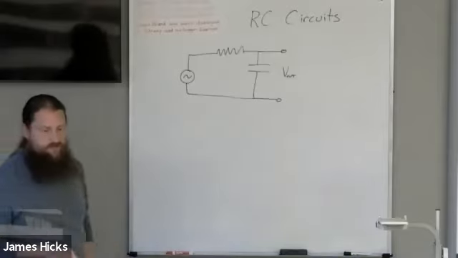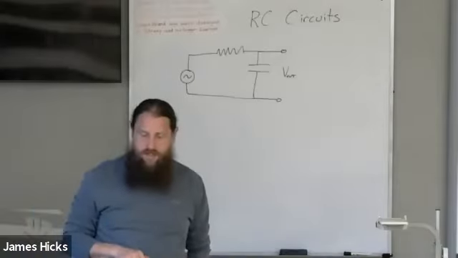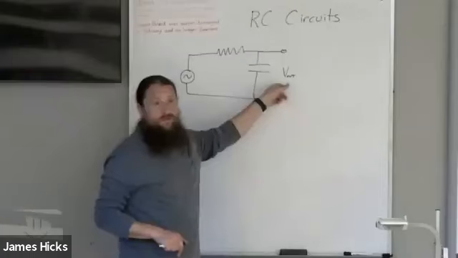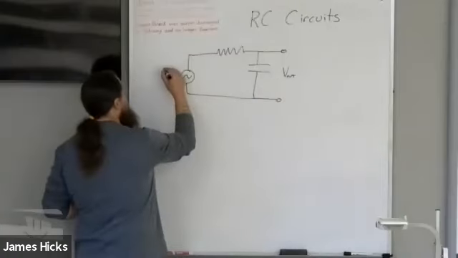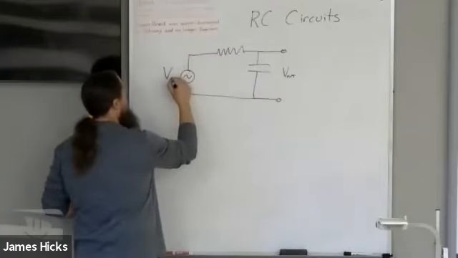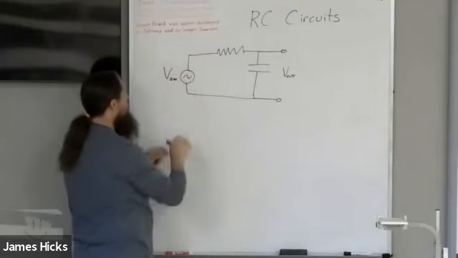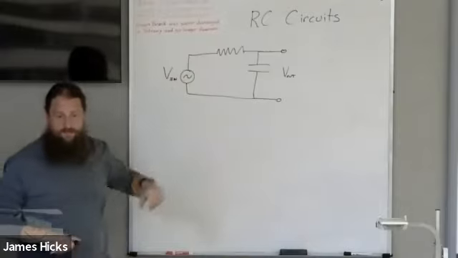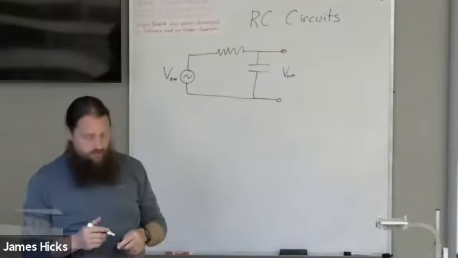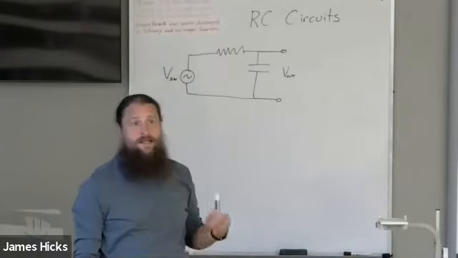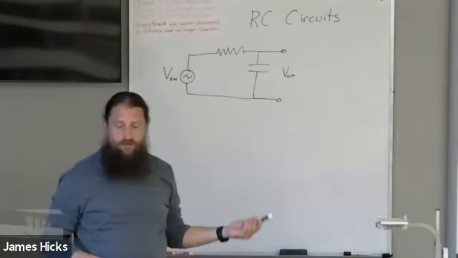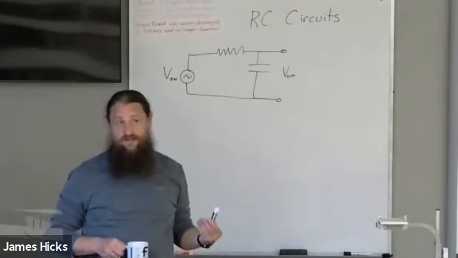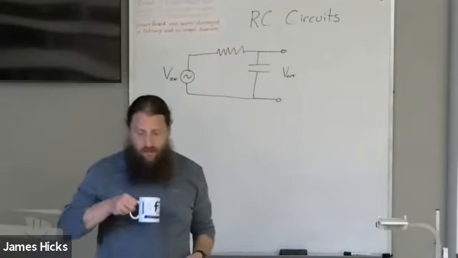So I'm going to see if I can figure out some way of expressing this output voltage here. Let's say this AC voltage that we start with, we'll just call that V. So ultimately, what we're going to be looking for is the ratio of the output voltage to the input voltage. So we're going to look at the voltage gain on the capacitor.